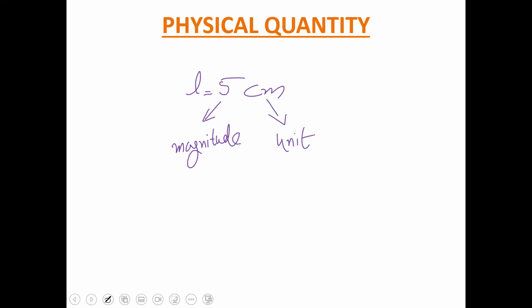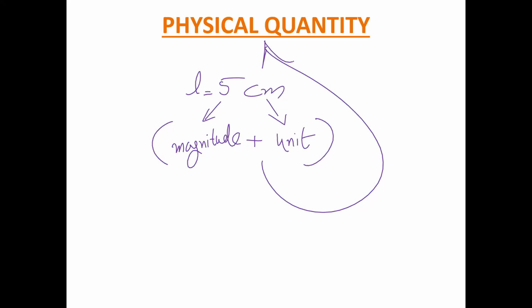Unit. So magnitude and unit together, if you combine, you will get a physical quantity. A physical quantity is a combination of magnitude and unit. So whenever you combine these two things, you will get a physical quantity.